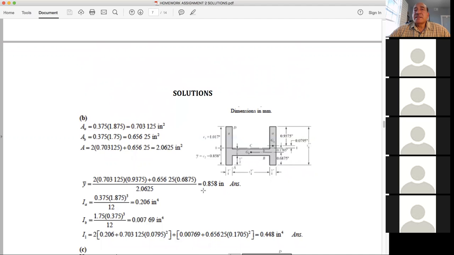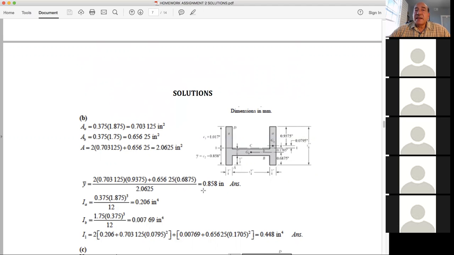And in this case, we use a few simplifying ideas. One of them is that we always try to divide up the section into rectangles, and we use the idea that I is equal to bh cubed over 12 for each rectangle.